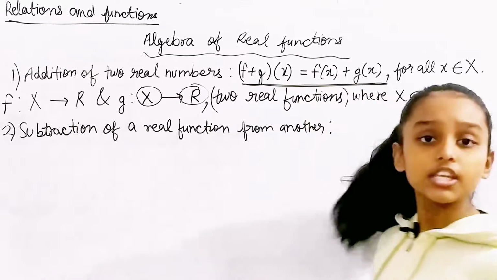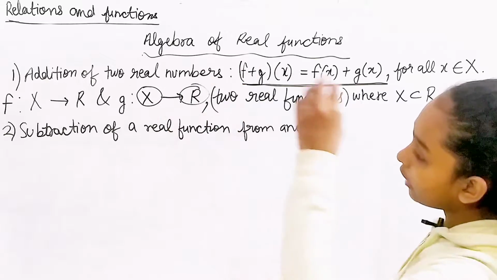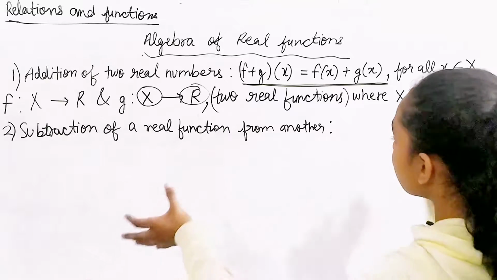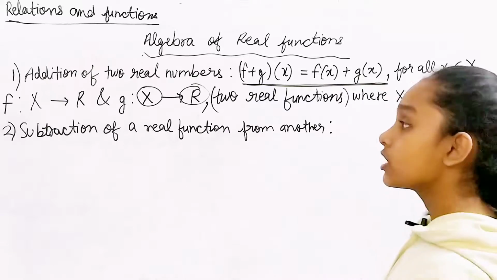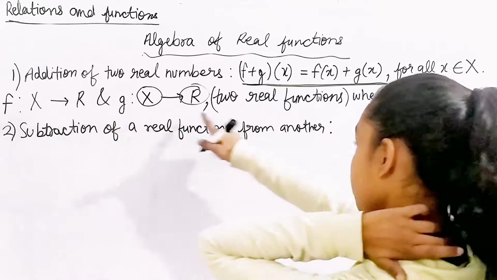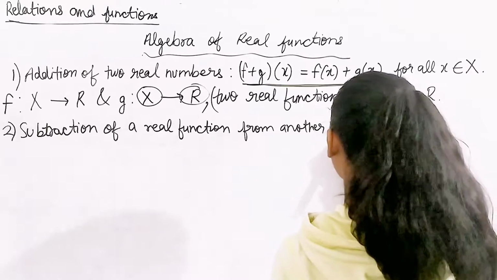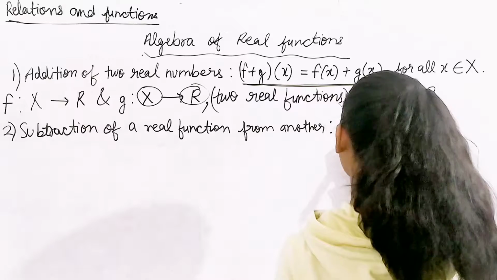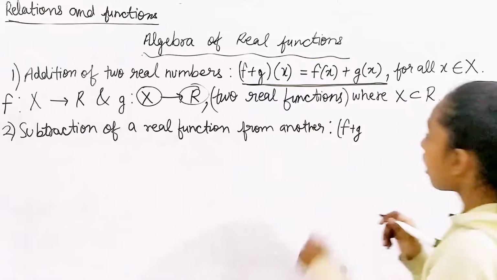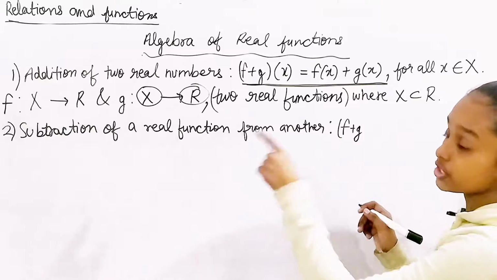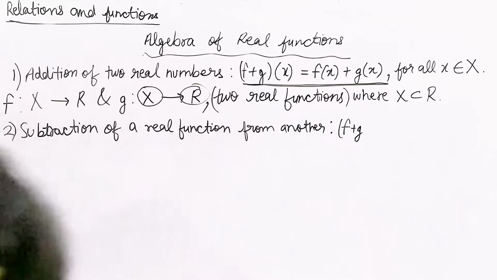So it's basically talking about the subtraction from one function to another function. Let's take this same one. In this one, our formula is going to be, let's say, f and g. In place of the plus, we're going to put the minus sign for the subtraction, as we're not doing addition.